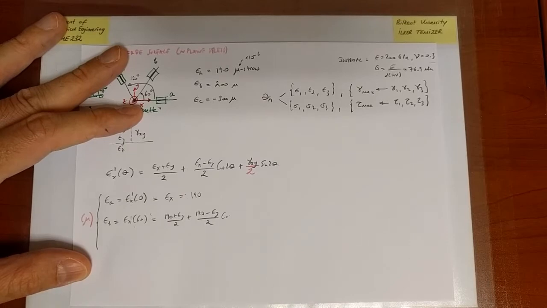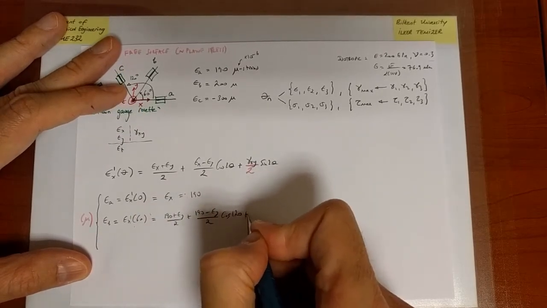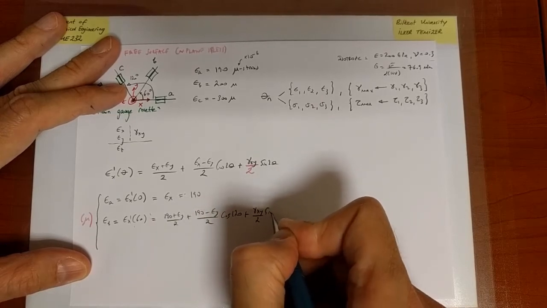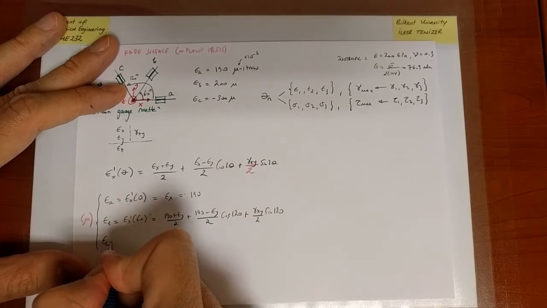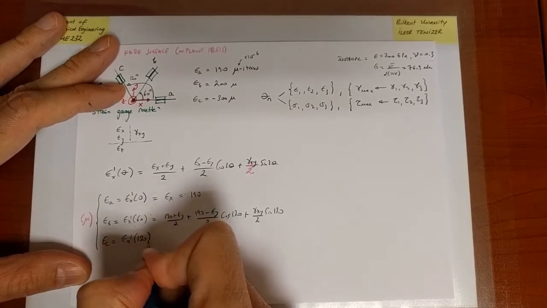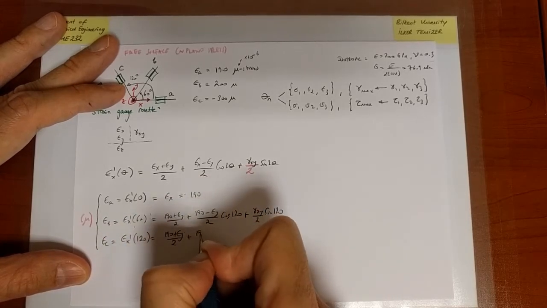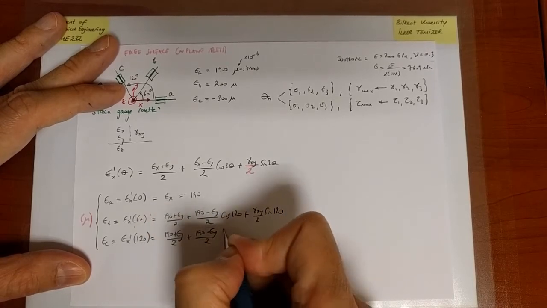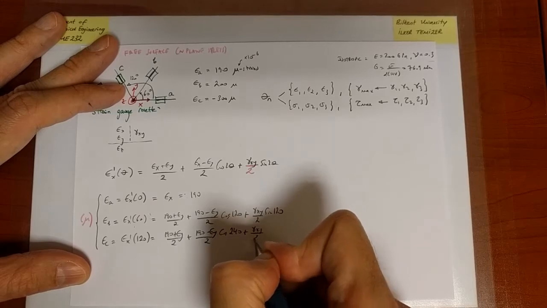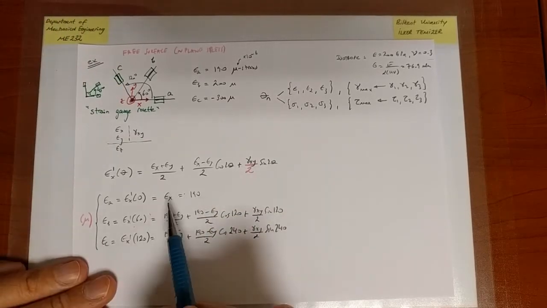Cosine of 2 theta, which is 120 degrees, plus gamma xy, which is unknown, over 2, remember, sine of 120 degrees. And epsilon c is just epsilon x prime oriented at an angle of 120 degrees, which is again 190 plus epsilon y over 2 plus 190 minus epsilon y over 2, cosine of 240 degrees plus gamma xy over 2, sine of 240 degrees.